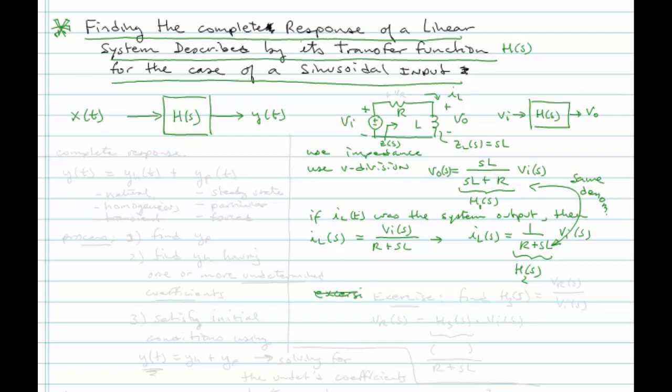Find H of s, call it H3 of s, which would be defined as, let's say, VR of s over VI of s. Here's VR up here. Express VR of s as H3 of s times VI of s. And what I'm going to claim is that this transfer function is going to be something over R plus sL.